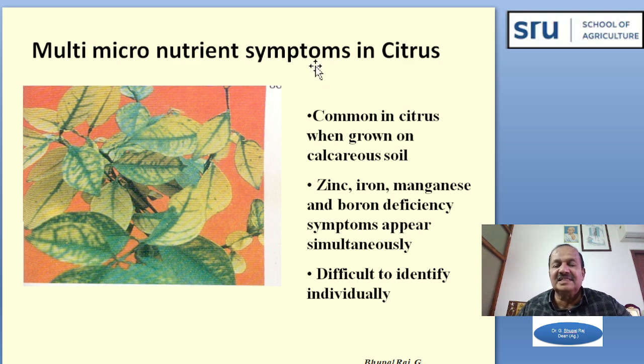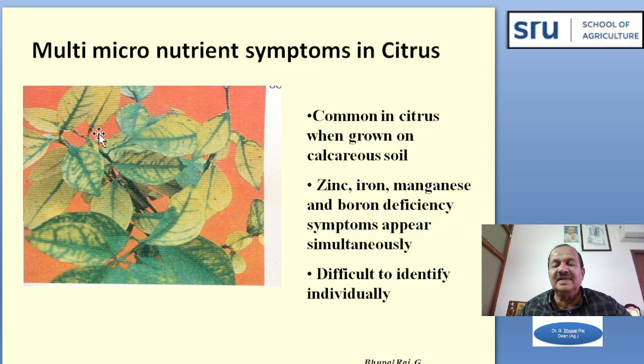Then citrus, as I just told you, has not only a single micronutrient deficiency; many micronutrient deficiencies are observed at a time. For example, iron, manganese, boron, magnesium, all nutrient deficiencies appear at once. It is called multi-micronutrient symptoms in citrus.